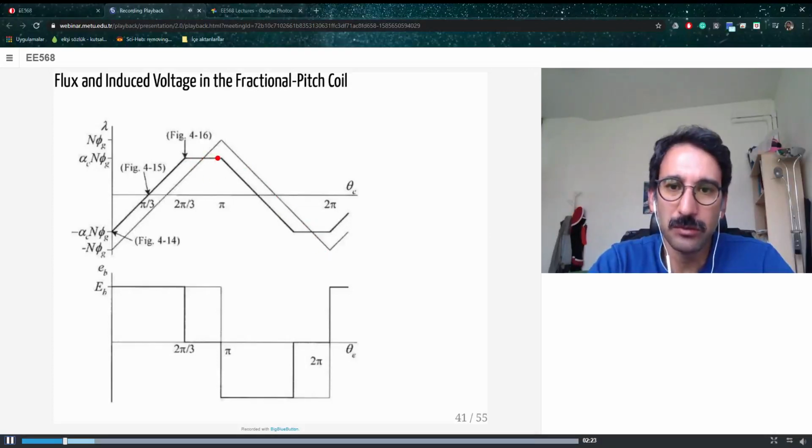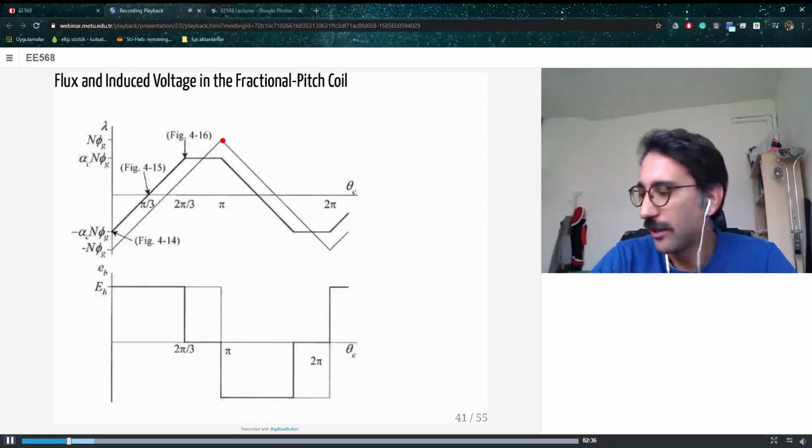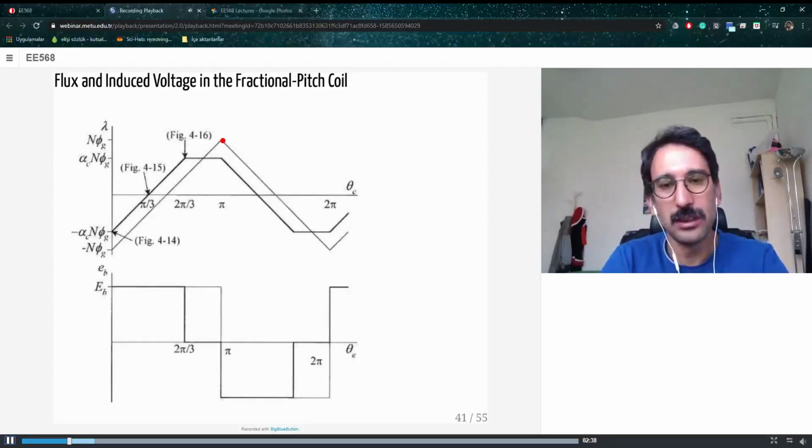So now we have a short pitch coil, and it is like a trapezoidal shape, like in this case. Since we are using a shorter pitch, the maximum flux linkage is reduced.